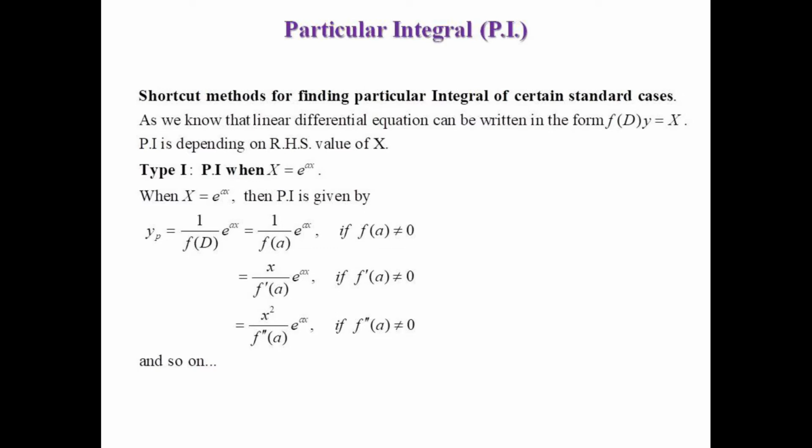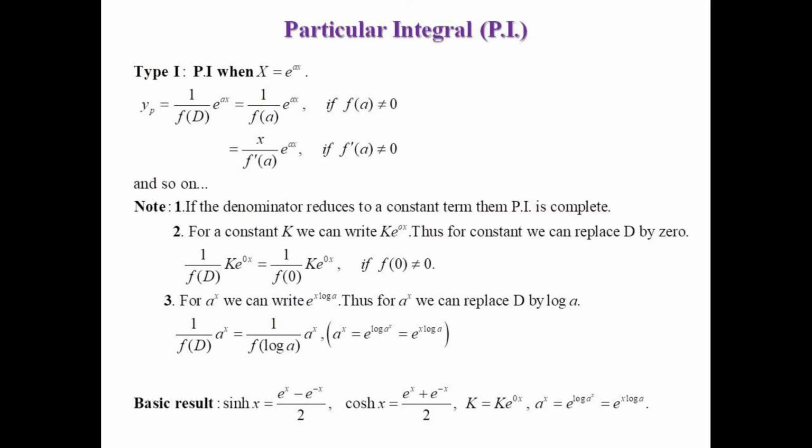So this is type 1 for finding the value of the particular integral of the linear differential equation when the right hand side is an exponential function. Now, along with this type number 1, let's try to understand some notes. A question may arise in the student's mind: how long do we have to keep finding the particular integral?